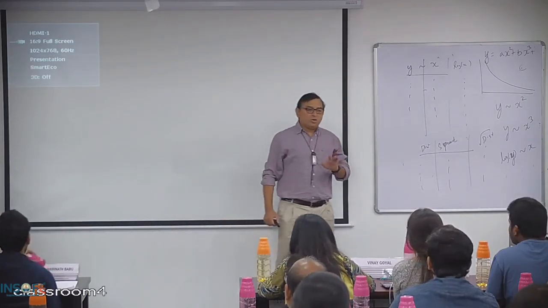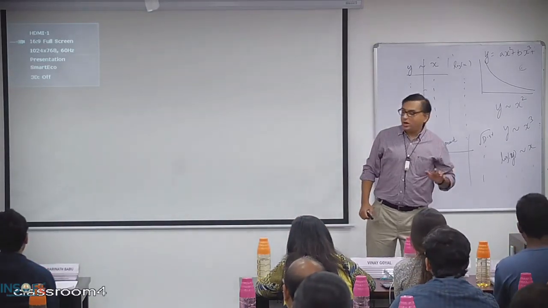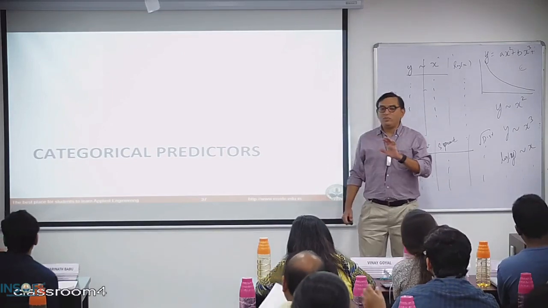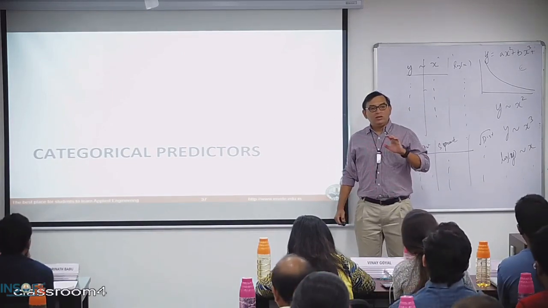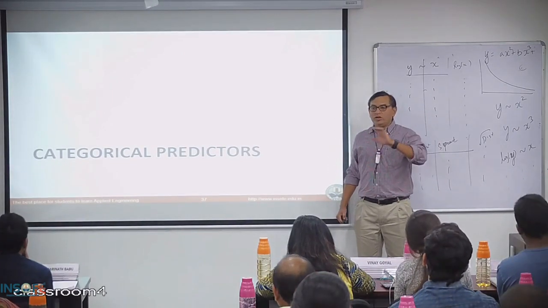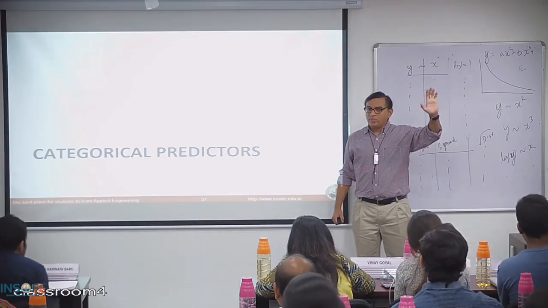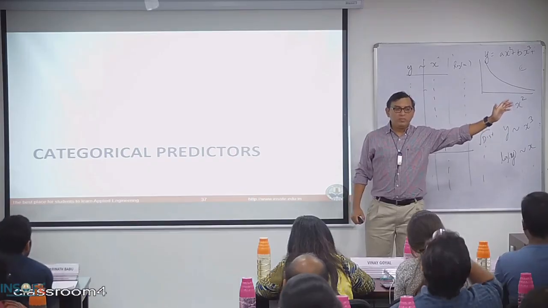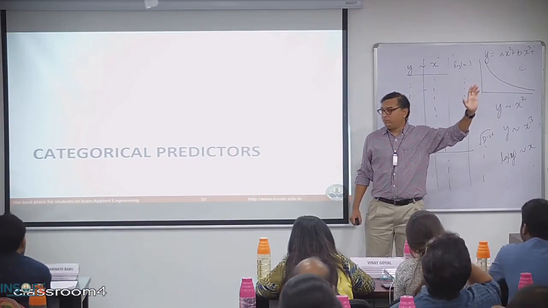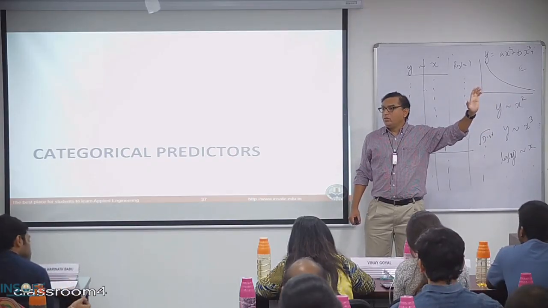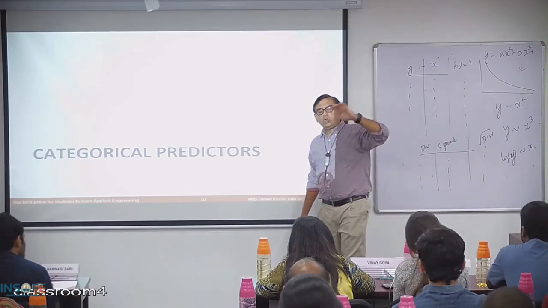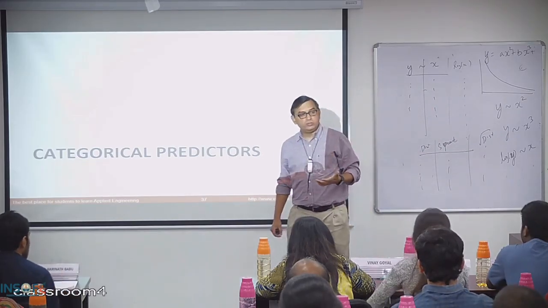the next topic that we are going to do is how to deal with categorical predictors. Sometimes your data set will have analog numbers. In addition, it might have a categorical predictor. For example, we talked about the value of house, right?